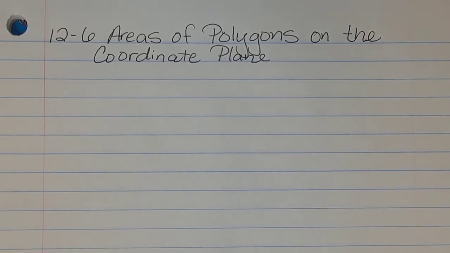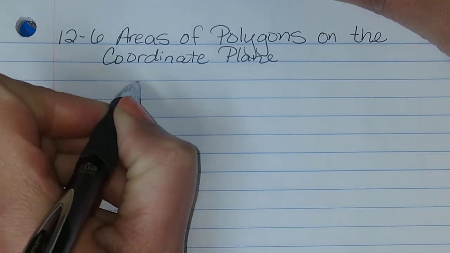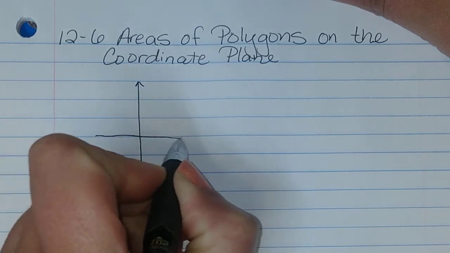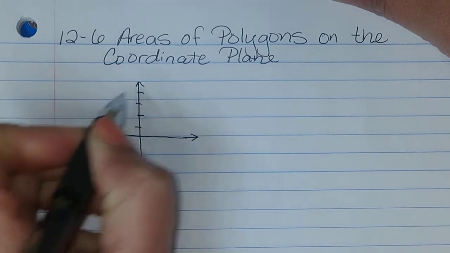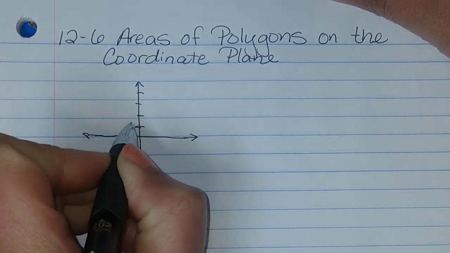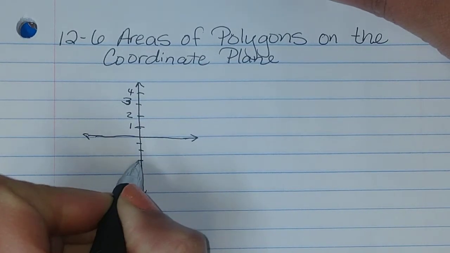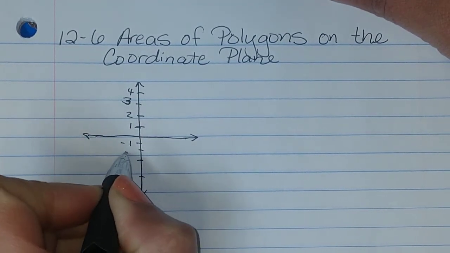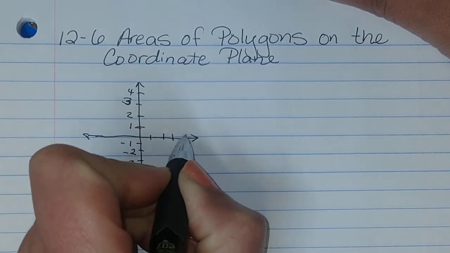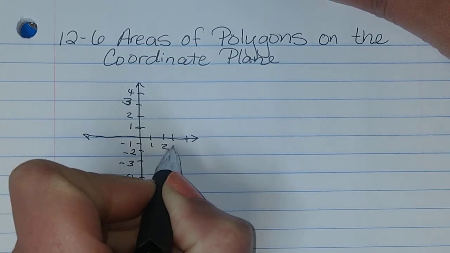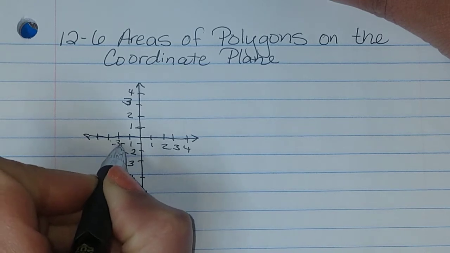Let's go over a reminder of what the coordinate plane is. If you remember, the coordinate plane is our plane that has quadrants. They have numbers going up in the positives, 1, 2, 3, 4, negative down below, positive going to the right, negatives going to the left.